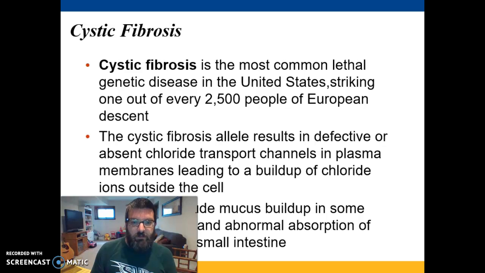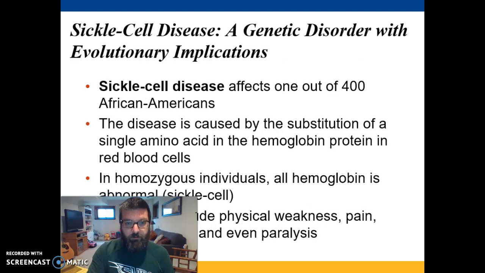And having sticky mucus layers means you can't move that mucus up and out of your body, and it can cause lots and lots of problems throughout your respiratory system and your digestive system. And about 1 out of every 2,500 people of European descent tends to pop up with cystic fibrosis, unfortunately.